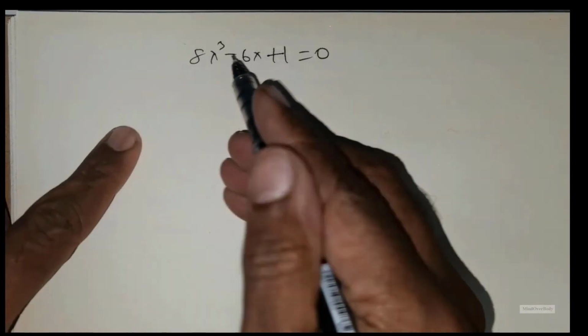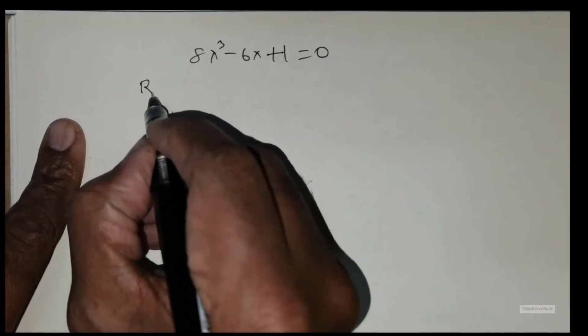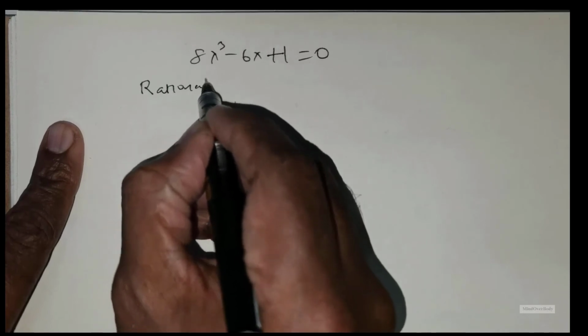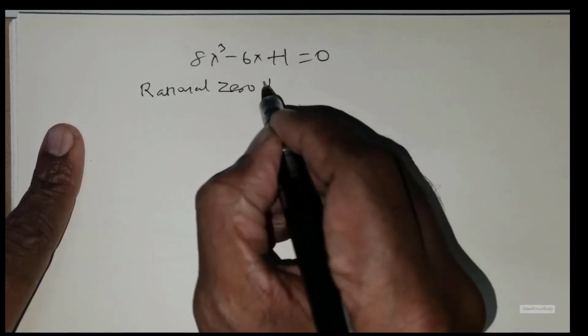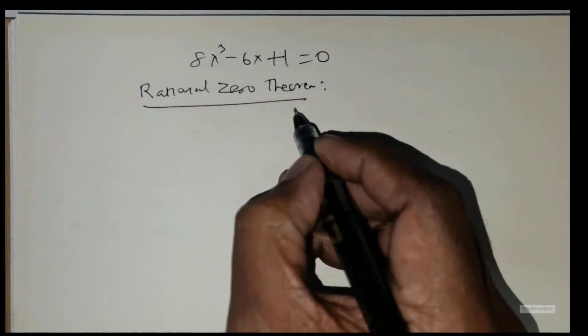Now we have got this. Okay, now to solve this, we are going to be using what is called the rational zero theorem. Now what exactly is this rational zero theorem?